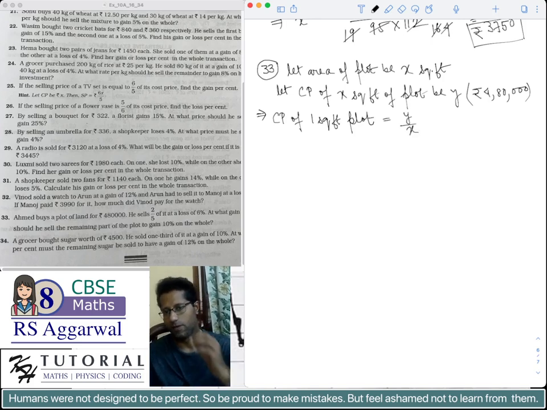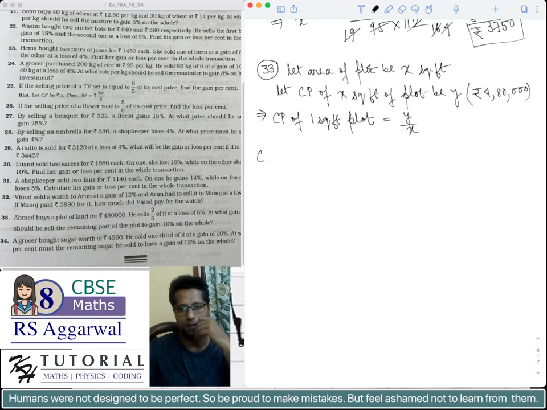Y is the cost of x square feet of plot, and so therefore the cost of 1 square feet of plot should be y by x. Now he sells 2/5 of it at a loss of 6%.